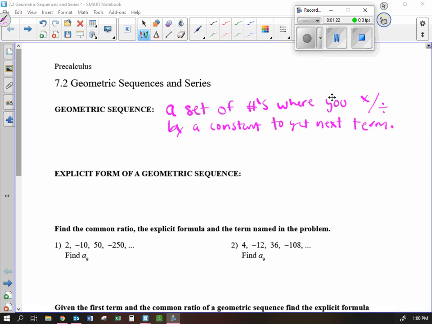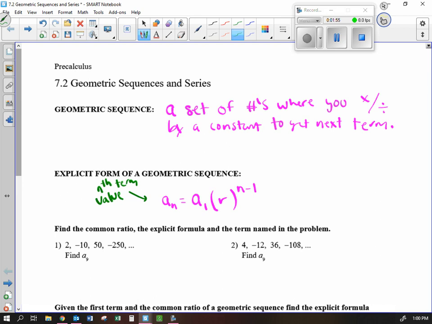Our explicit form for a geometric sequence, thankfully there's only one that we really use. It's a sub n equals a sub 1 multiplied by r raised to the power of n minus 1. Let's go through these and point out the elements in this explicit form. A sub n is the nth term value, the same as it was with arithmetic.